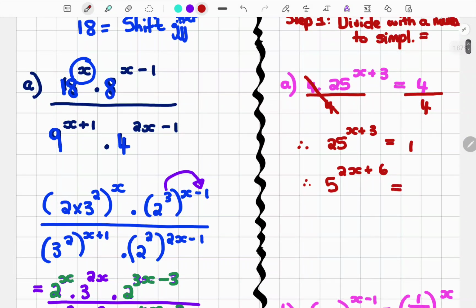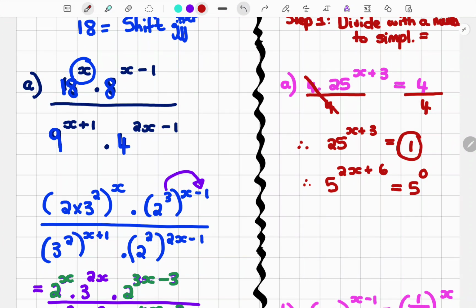Now, do you know that you can make 1 into any prime base? Okay, so I could have actually said 25 to the power 0, but I didn't. So let's carry on with making a product of its primes, the 25, and 5 to the power 0 will give you 1.